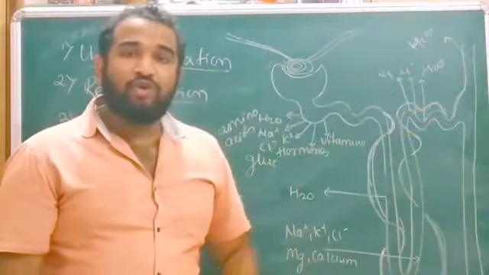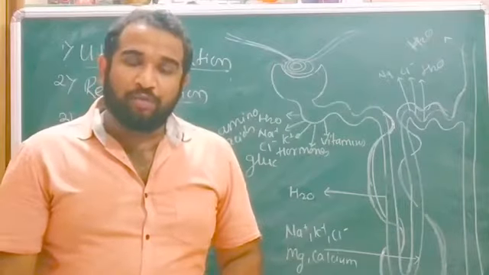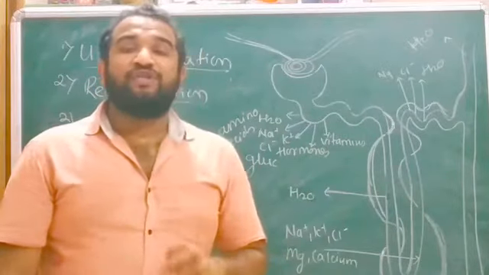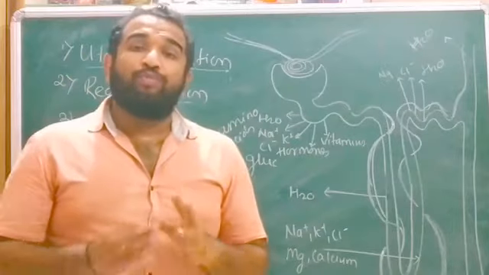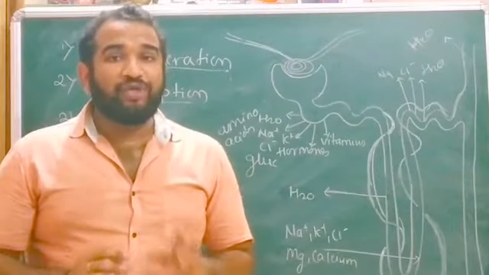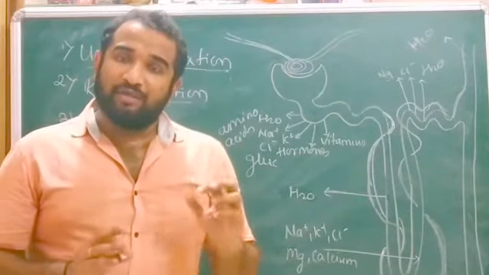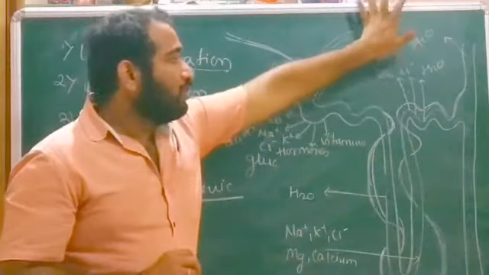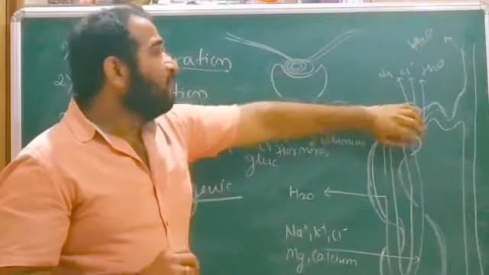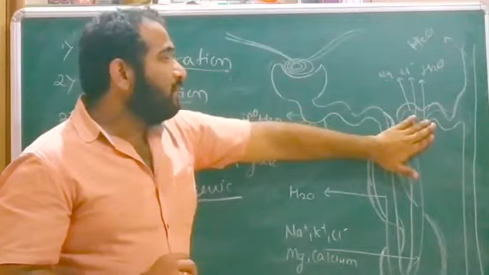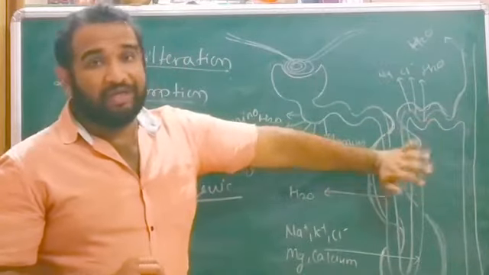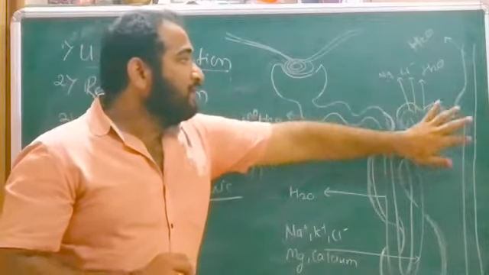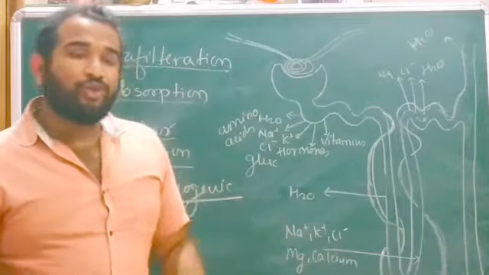Then the chloride ions are also reabsorbed, and the other hormone is the antidiuretic hormone, ADH, which is secreted by the posterior lobe of the pituitary gland. Under the influence of ADH, the water is also reabsorbed. Then finally it becomes isotonic in nature, that is, the filtrate present inside the distal convoluted tubule becomes isotonic.